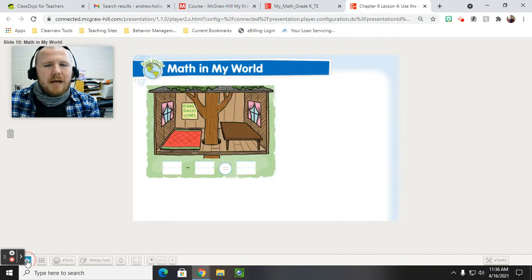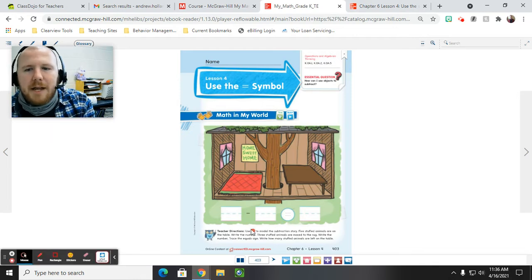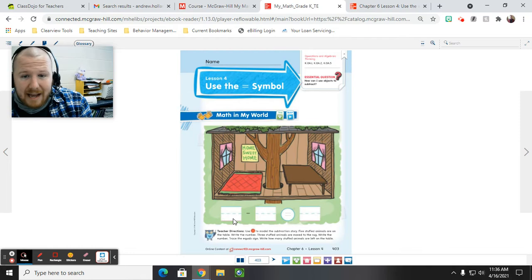That one's too easy. Okay, so now we're in our books here on page 403, and we already have a sentence kind of put up there for us. I see the minus sign there, and I see we need to trace the equal sign. So let's see the equal sign. I'll trace that, but we're not there in the story yet, so hold on.